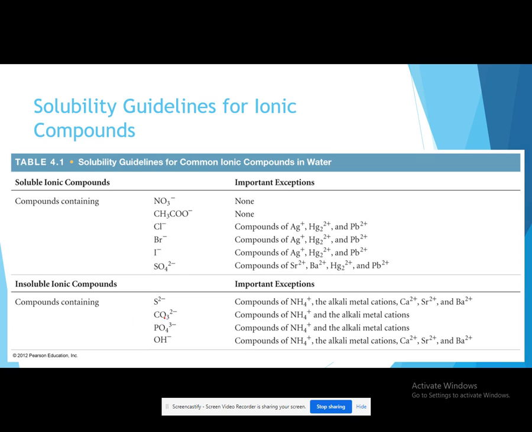If you look at your compound and it has carbonate in it, it's considered to be insoluble unless it's attached to ammonia or alkali metals. So remember, alkali metals are your group 1 metals. So I'm going to write that down here. Alkali metals are group 1A metals.